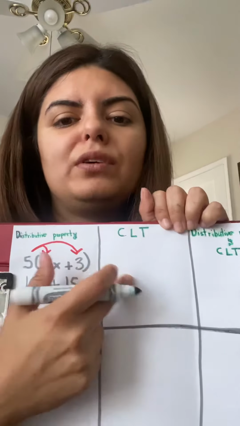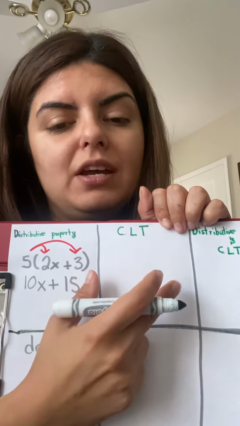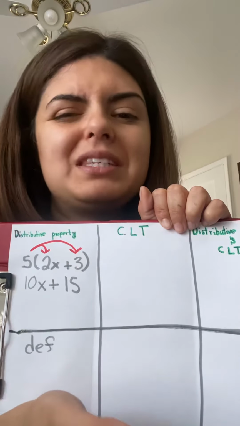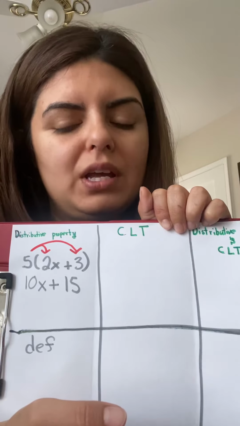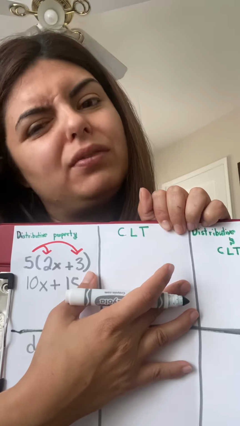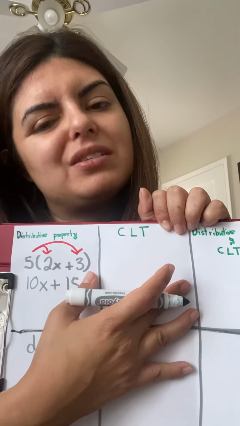Now the next one would be combining like terms. For combining like terms, I would suggest doing 3 sections like I'm about to show you, but you could do 2 if you do like 2x plus 3x, but I would do 3.